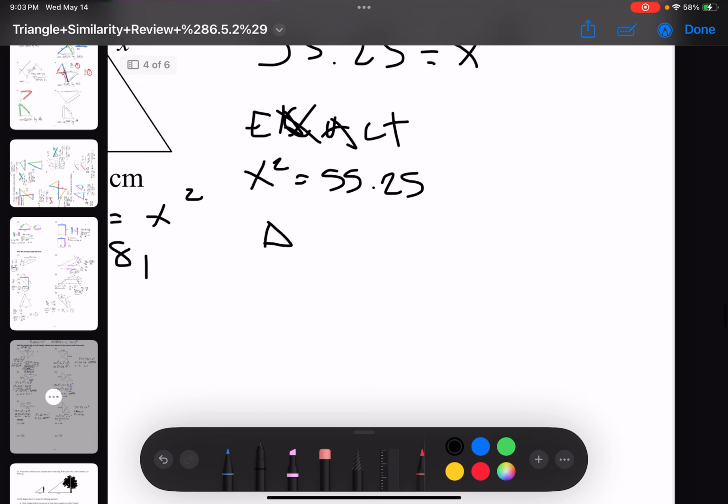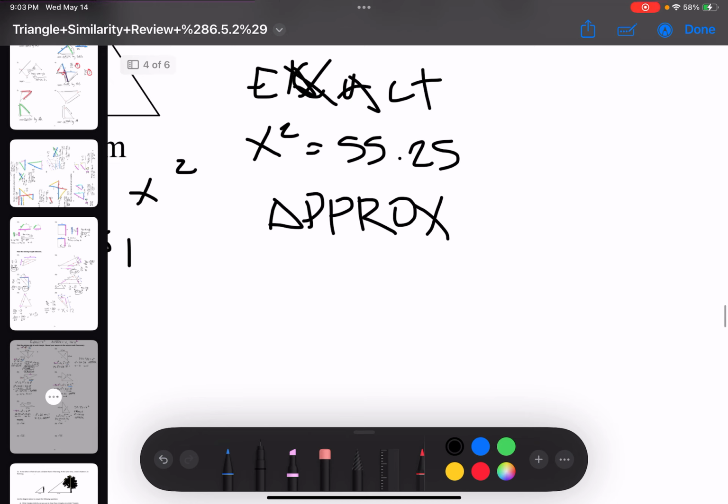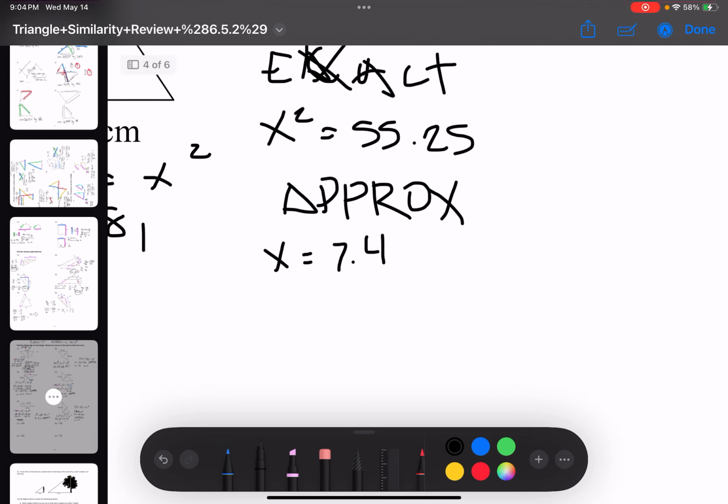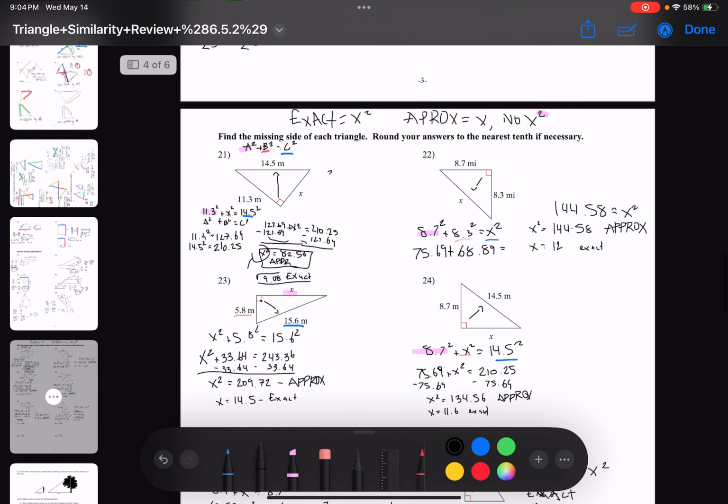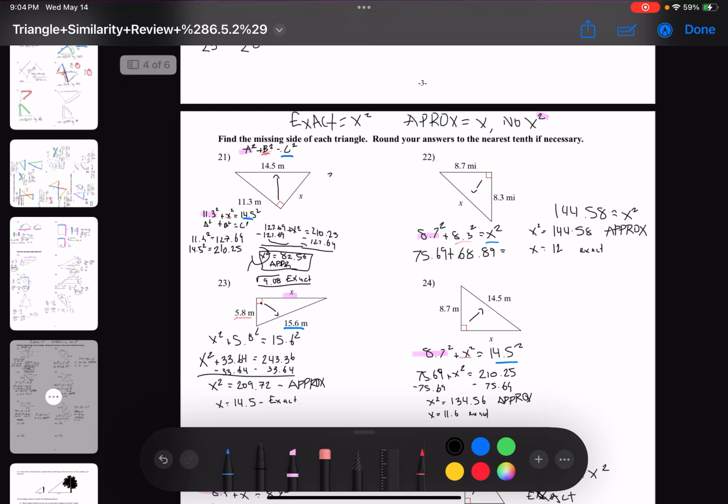And then your approx, you're gonna square root to get rid of the squared on the x. And then x is equal to 7.4. Boom, guys. We just found the missing side of each triangle.